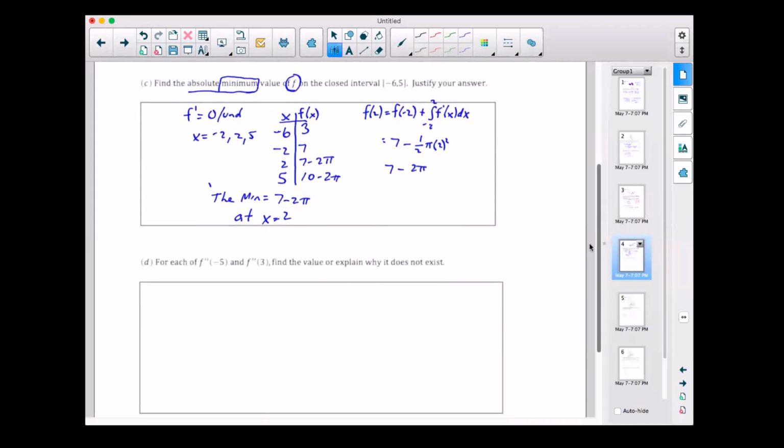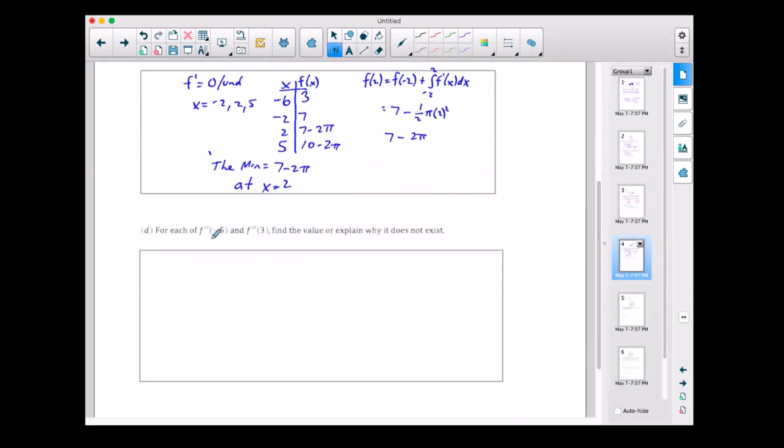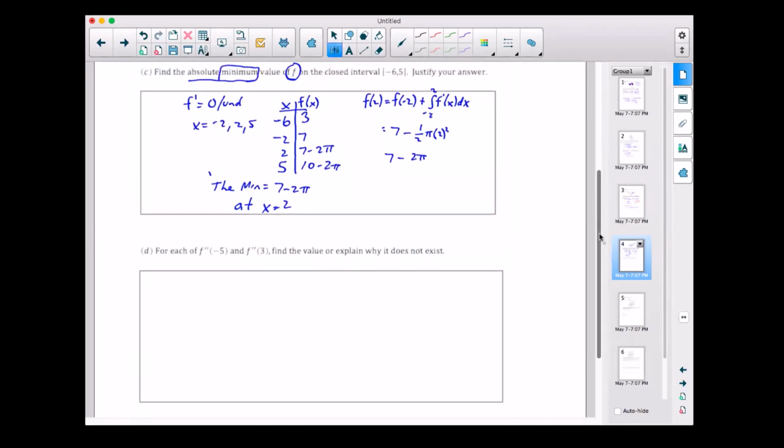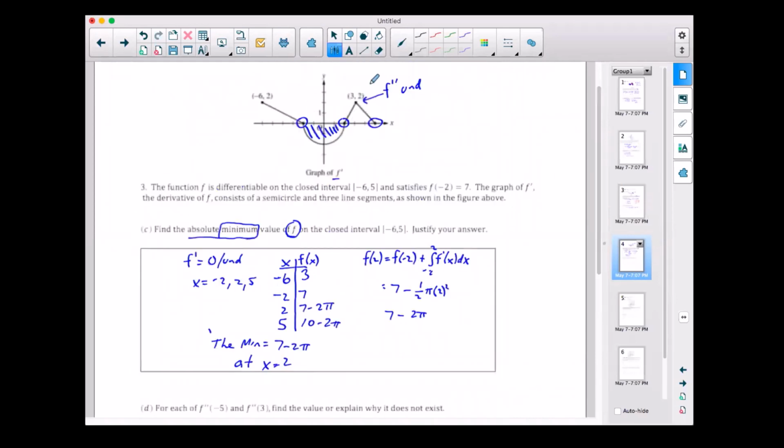And now the last part is just part D. It says, find f double prime of -5 and find f double prime of 3. Find the value or explain why it does not exist. So looking at the graph, the question we're asking about is f double prime.